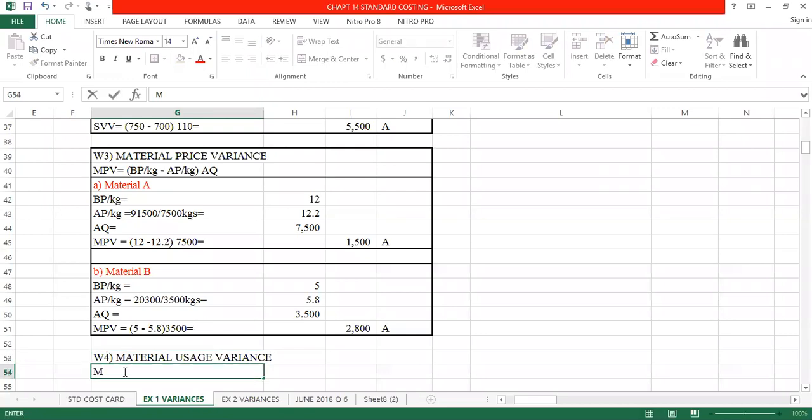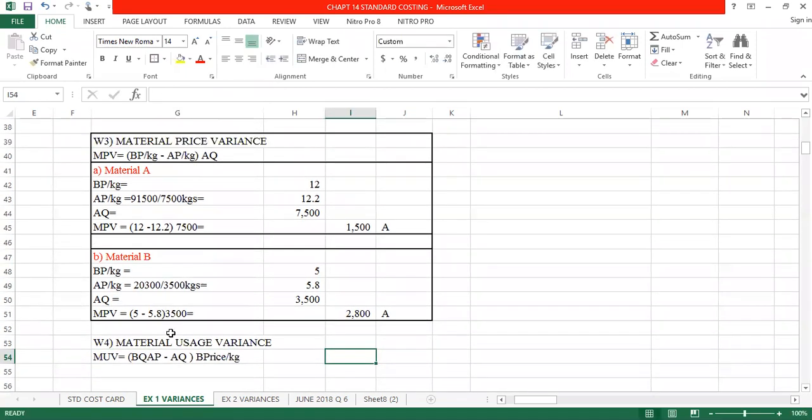We said material usage variance is equal to budgeted quantity for actual production minus actual quantity, times budgeted price per kg. Remember, not profit, price.